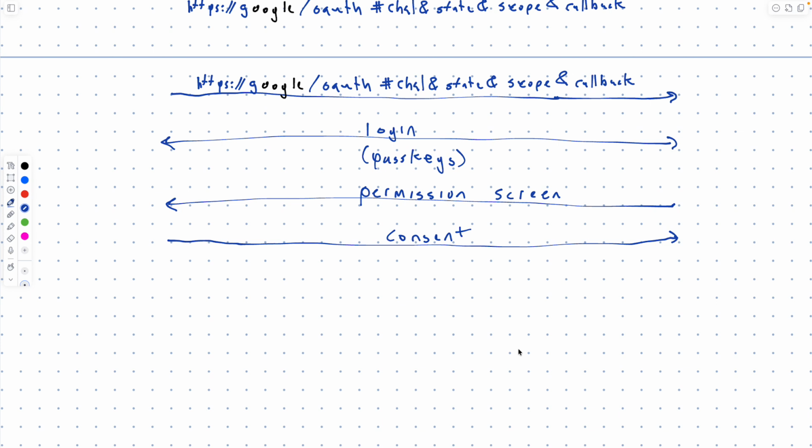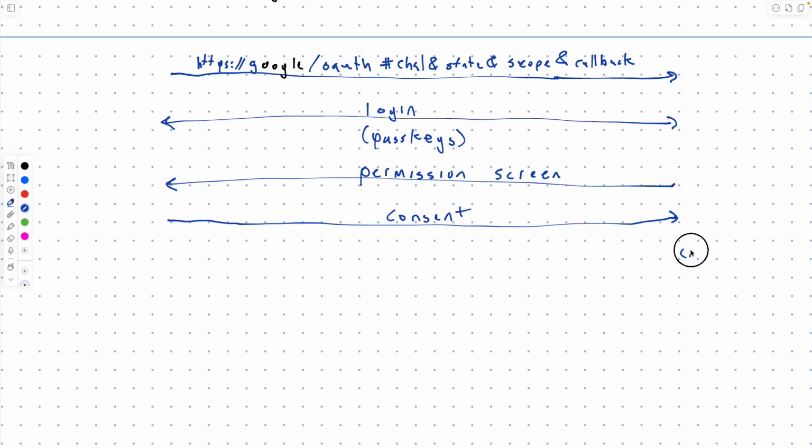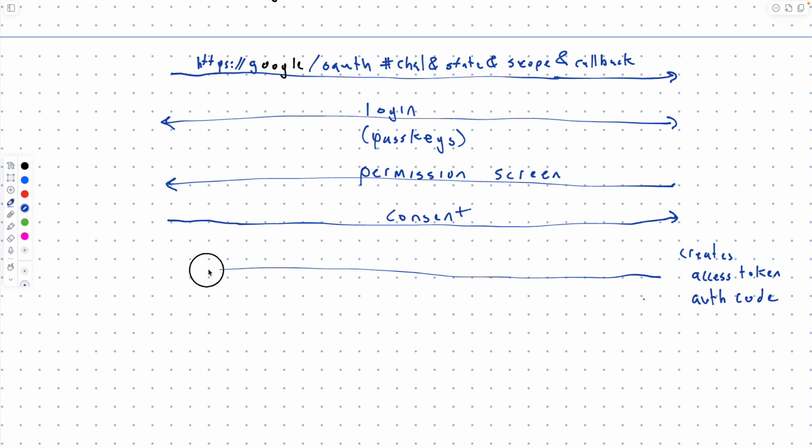Okay, so it creates an access token, and it's also going to create the authorization code. Okay, now what Gmail's going to do is it's going to redirect the user back to TripIt.